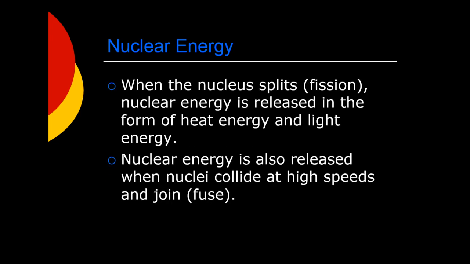Okay, so when the nucleus of an atom splits, which is called fission, nuclear energy is released. There is a ton of energy stored that holds those protons and neutrons together. When it's released, it's in the form of heat energy and light energy. Nuclear energy can also be released when you have nuclei colliding at high speeds. The word nuclei is the plural form, so nuclei means you have more than one nucleus.